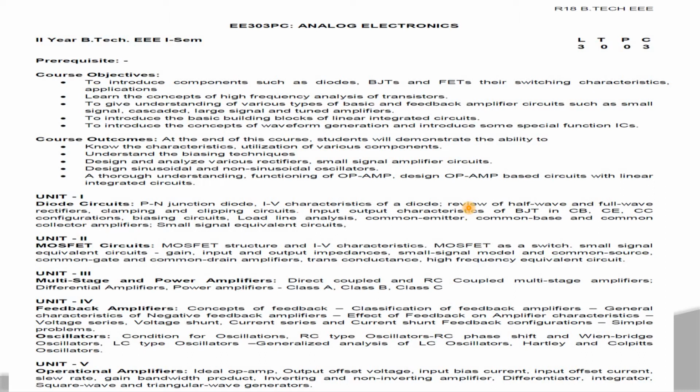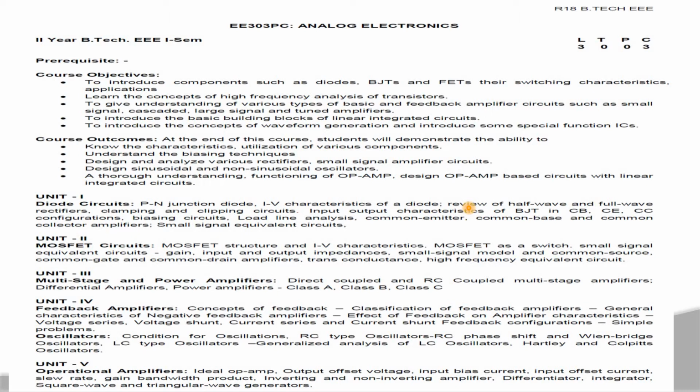We also discuss the basic applications of the diode, like half wave rectifier and full wave rectifier, which are used for converting AC to DC, and how we can design clamping and clipping circuits by using the diode.